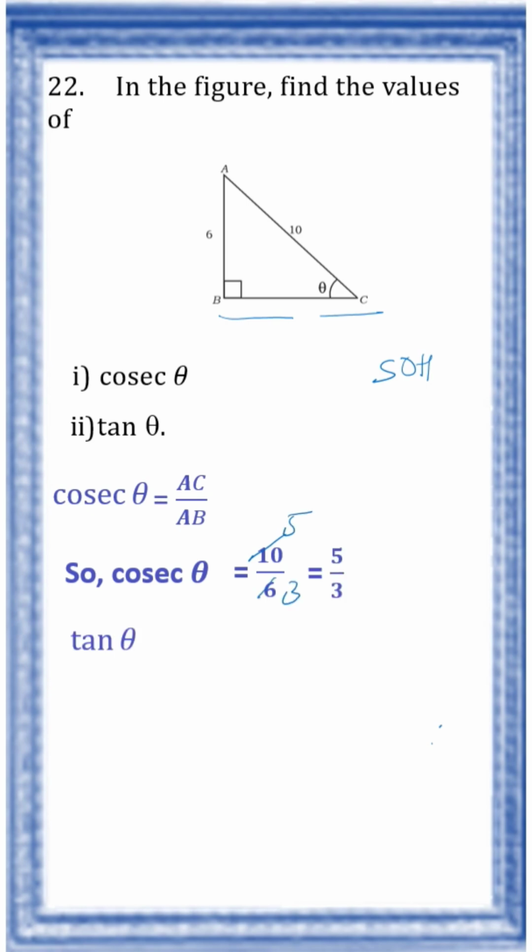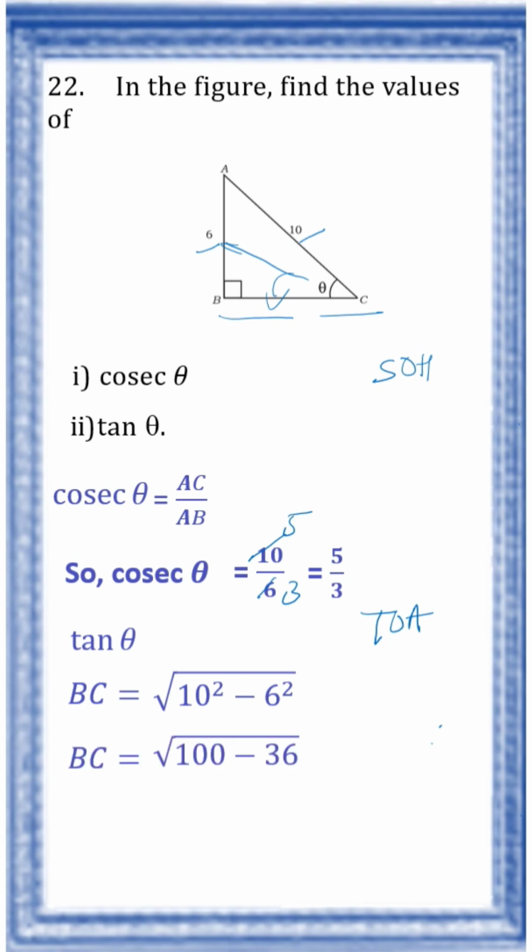Now tan theta. To find tan theta, TOA: opposite by adjacent. This is opposite, we know. Adjacent we don't know. So in order to find BC, use the Pythagoras theorem. BC is equal to square root of hypotenuse square minus this square. Pythagorean triplets you know: 6, 8, 10. So definitely BC will be equal to 8. But let us solve it.